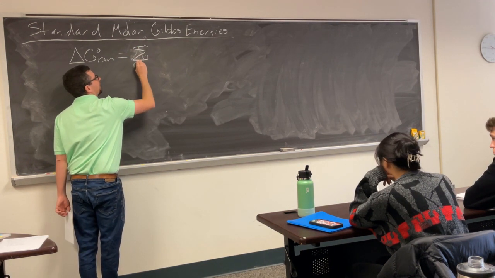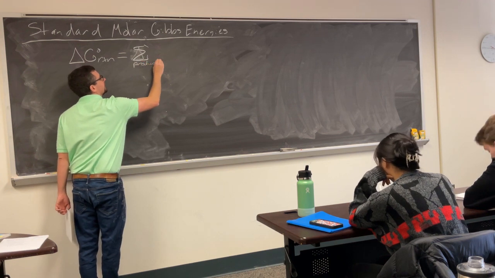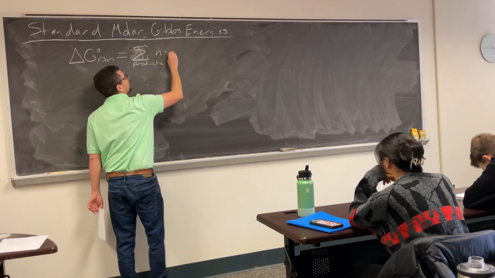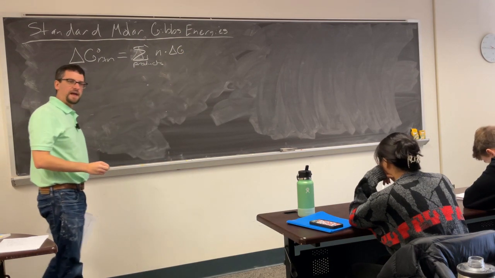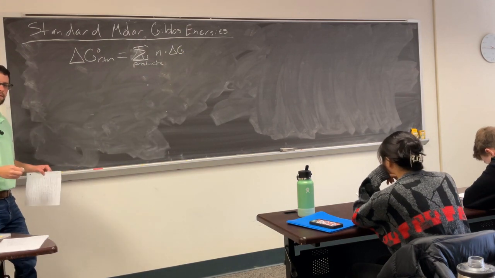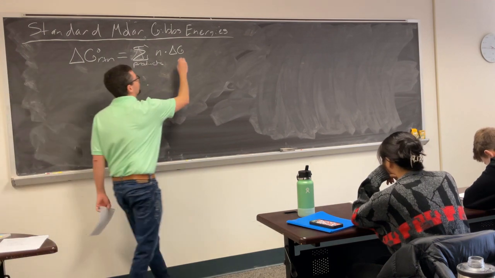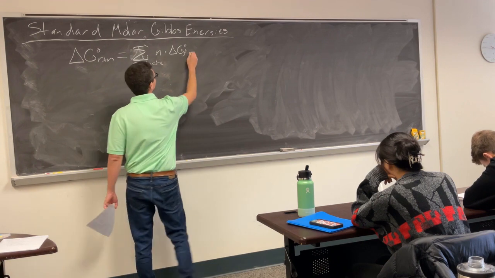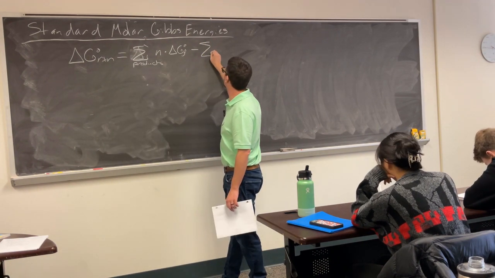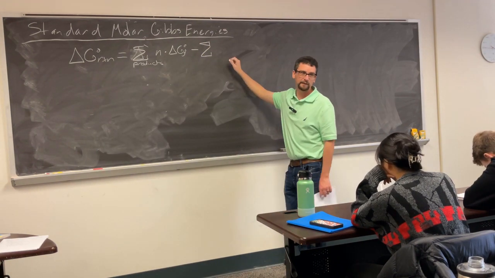So got products. And what type of delta G is that? Yep, F. What does the F stand for again? Yeah, formation of whatever we're considering minus, what's the other stuff we got?